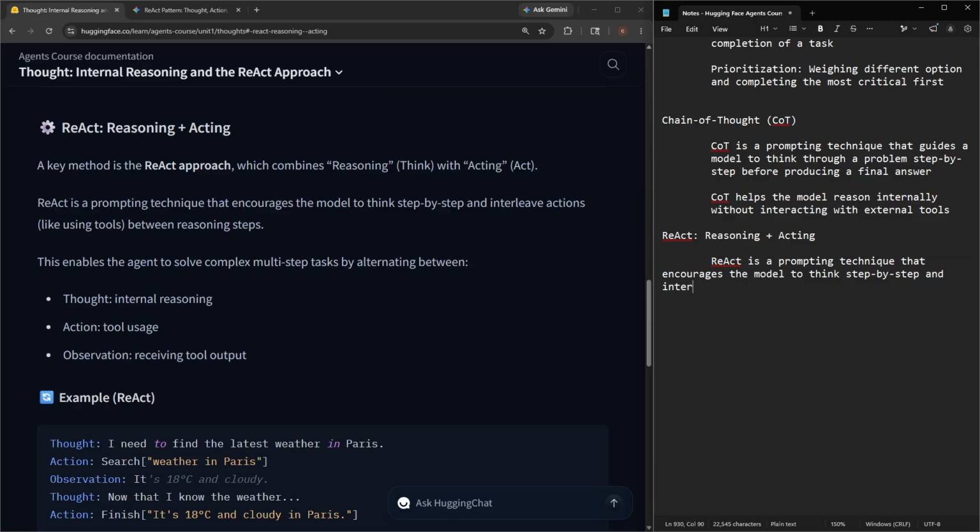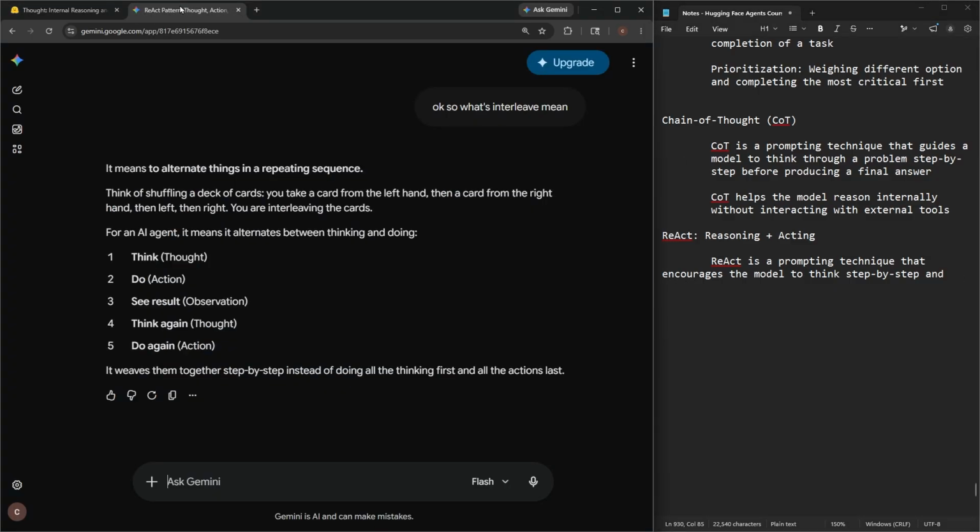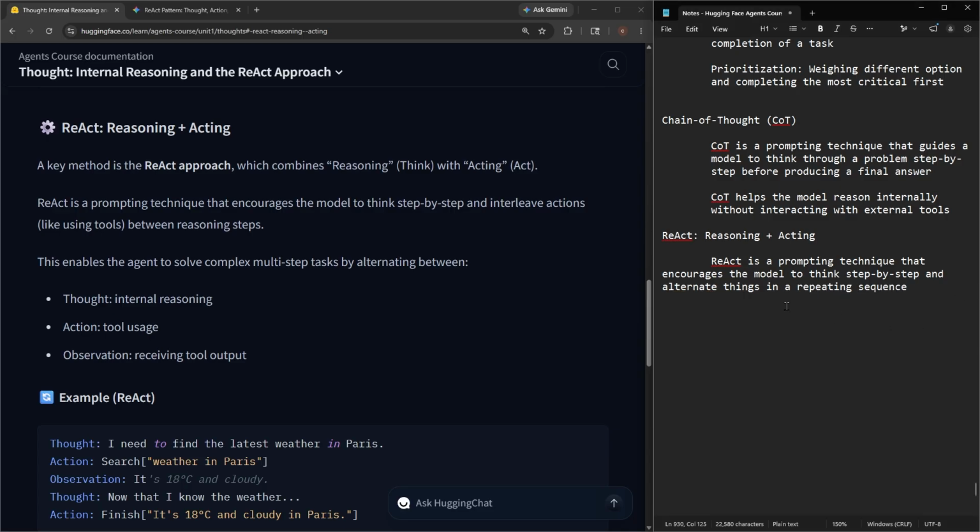Instead of interleave, we could put alternate actions and reasoning steps in a repeating sequence.